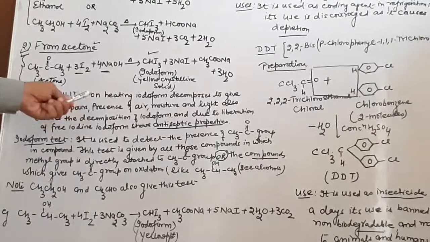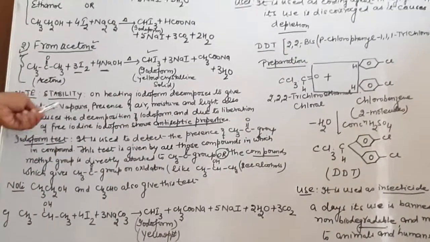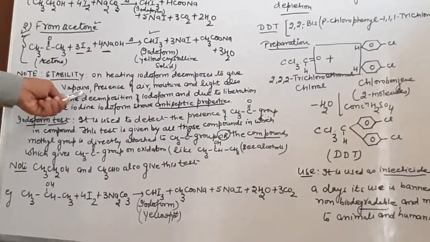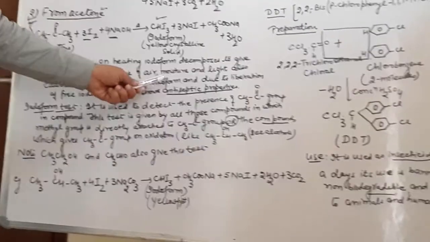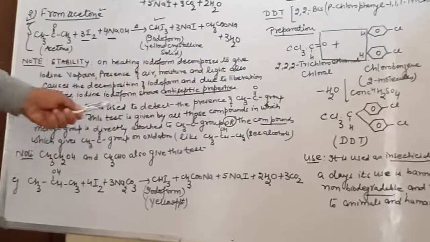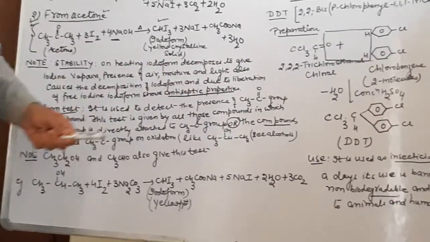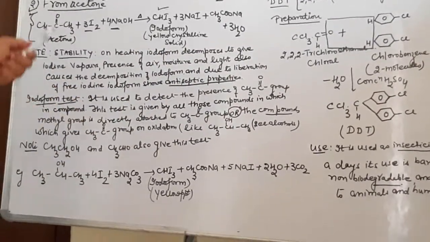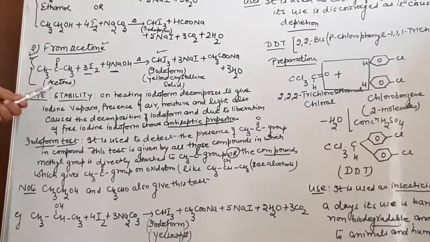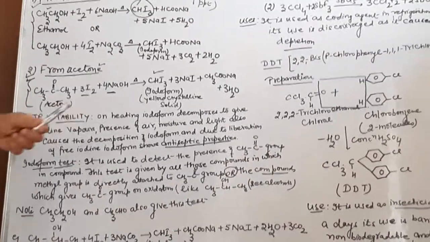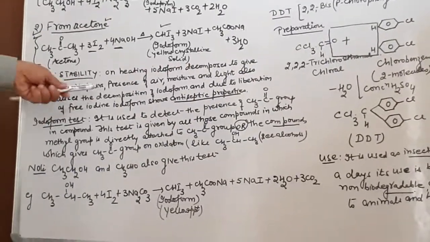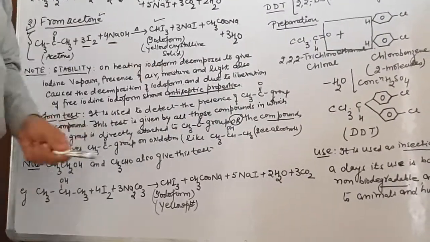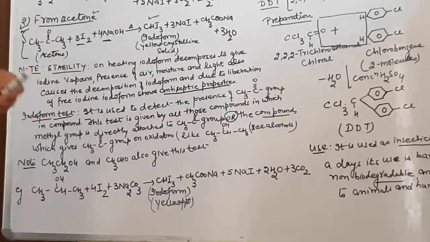The reason is that iodoform decomposes to give iodine vapors, and the presence of air, moisture and light also causes the decomposition of iodoform, and due to the liberation of free iodine, iodoform shows antiseptic property. So if the question is to explain why iodoform can be used as an antiseptic compound, because on heating or on exposure to air, moisture and light, it liberates free iodine.